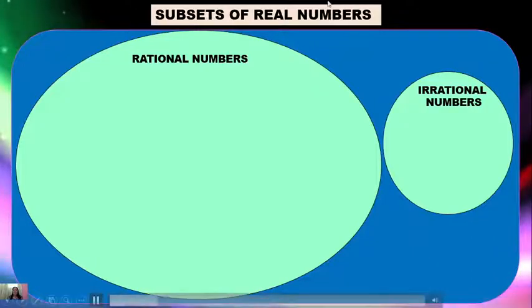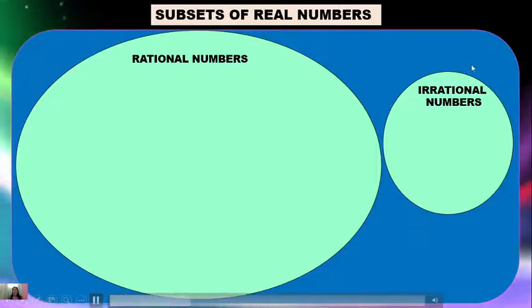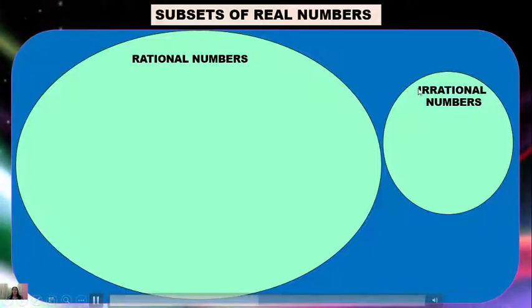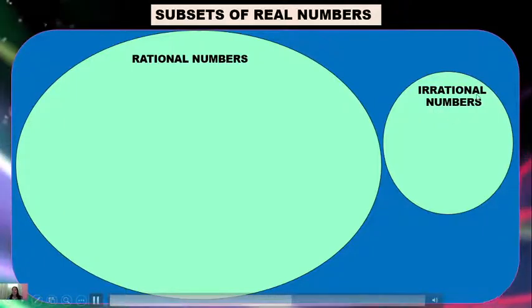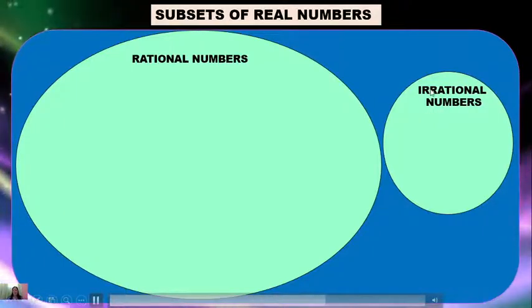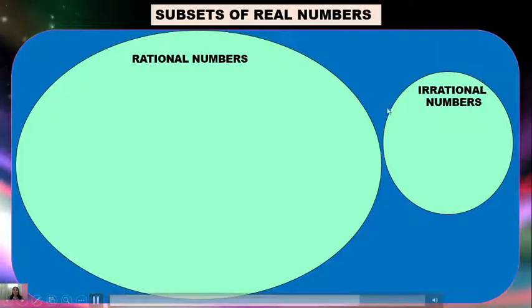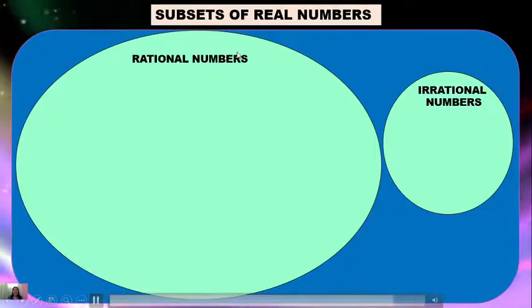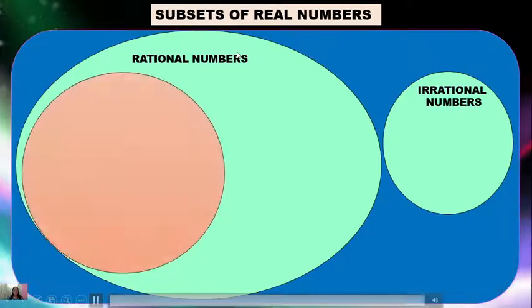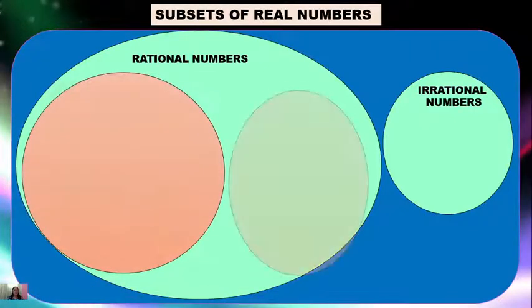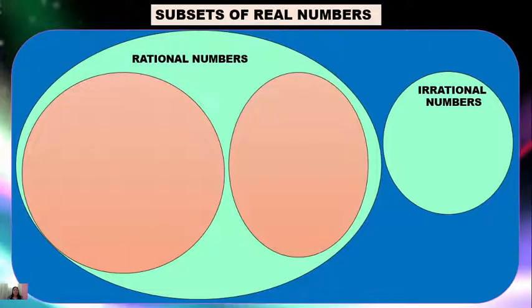And irrational number is the opposite of rational number because it cannot be expressed as a ratio between two integers. So let us focus on the rational numbers. Rational numbers are composed of two subsets. First one is integer, and we have non-integer.